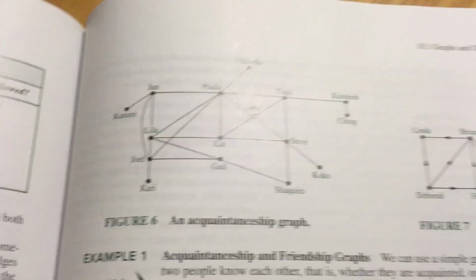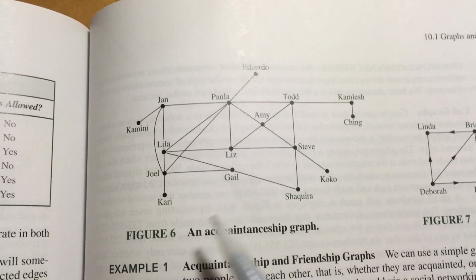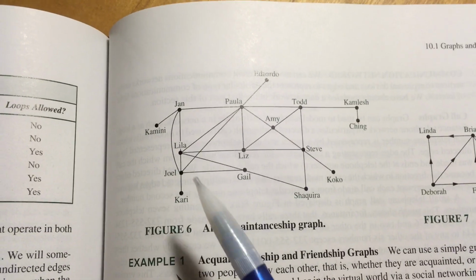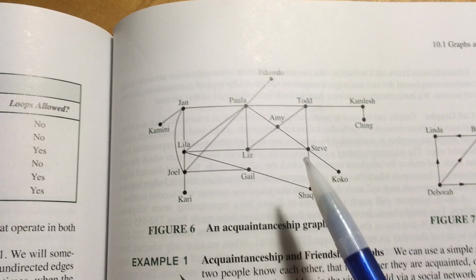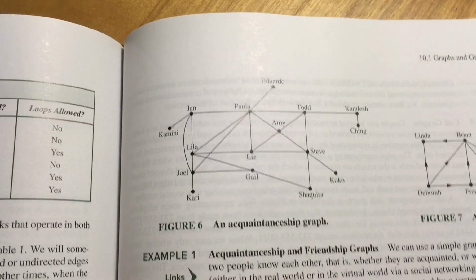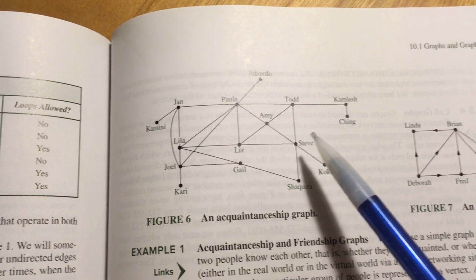Okay. So there's a really cool example here that I think is kind of important given the current pandemic situation. This is an example of an acquaintanceship graph where the vertices are people, and then the edges represent that these people know each other. I want to put this in the context of the COVID-19 outbreak.